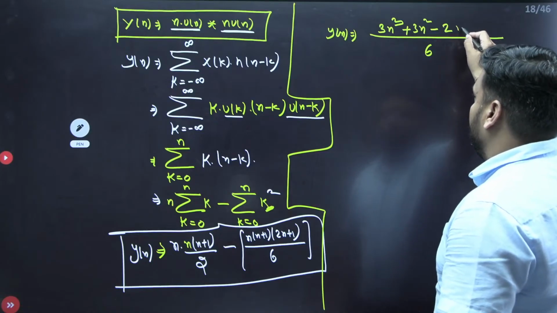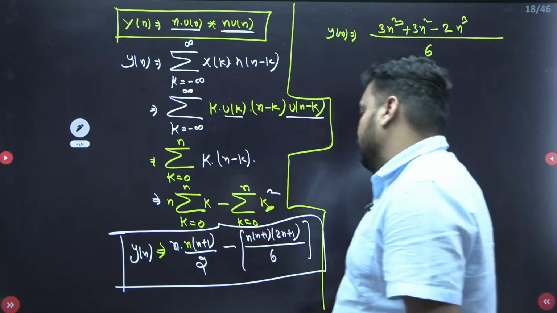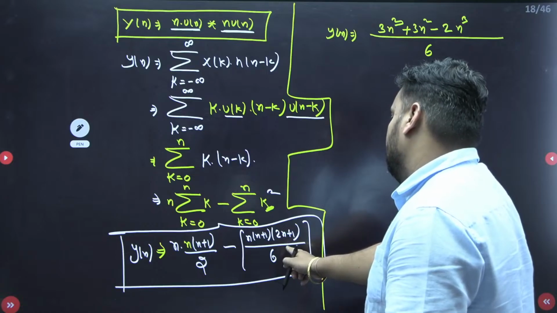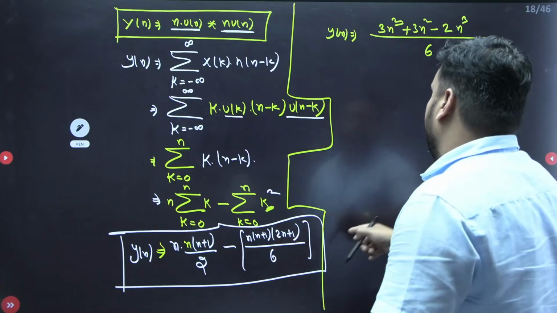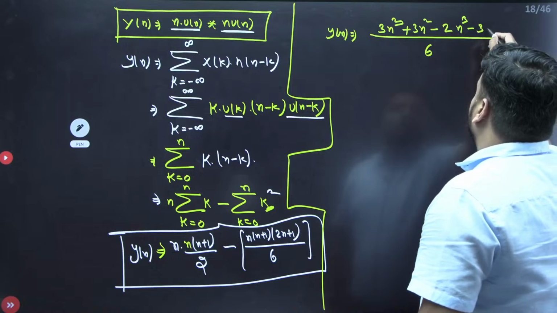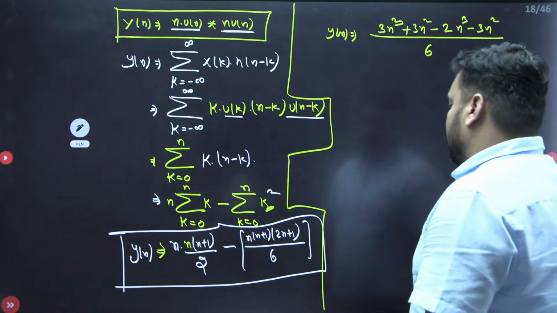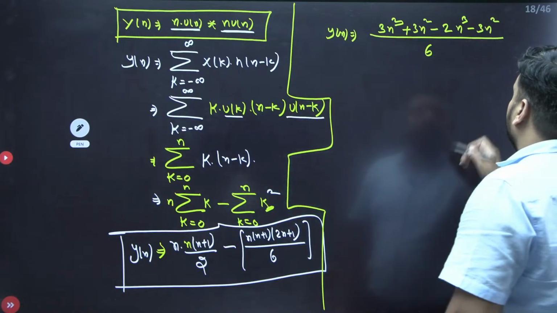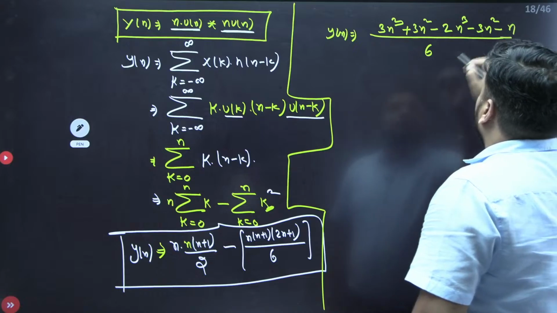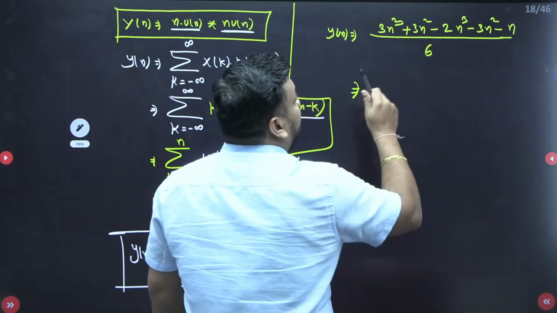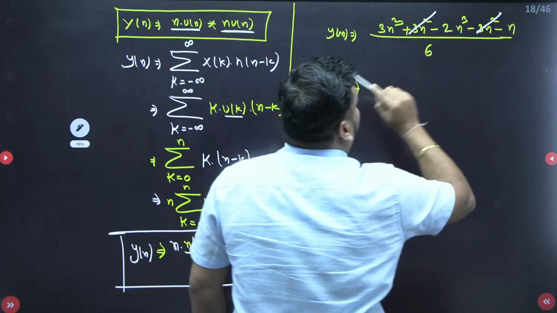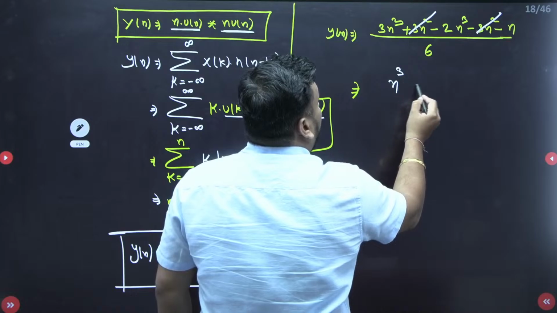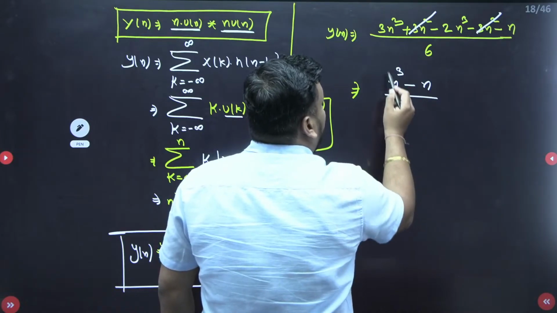The second term is n and 2n, so total 3n, multiplied by n gives minus 3n square. And the next is 1 into 1, so it is minus n. Now you will see how many terms get cancelled. 3n square gets cancelled. 3n cube minus 2n cube will give you n cube. So n cube minus n upon 6 into u of n.